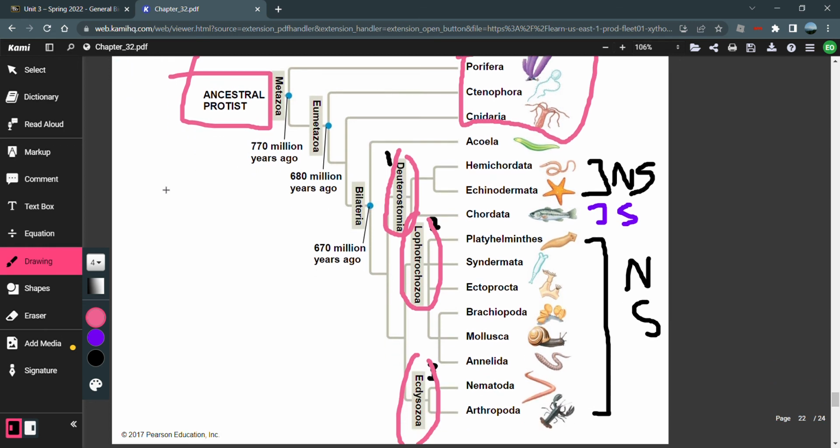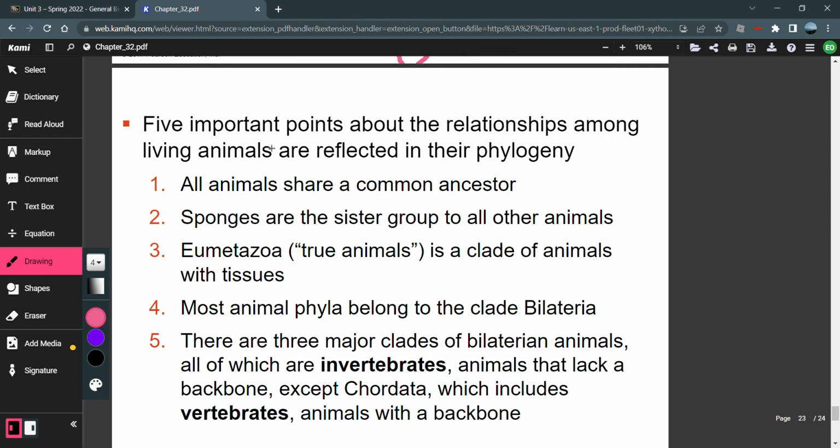I'll have to write that down. Hold on. Do sponges have symmetry? But they're part of the Bilateria. Huh. That's a good question. I'll think about that later.